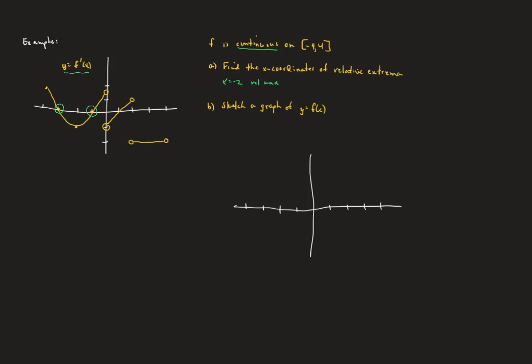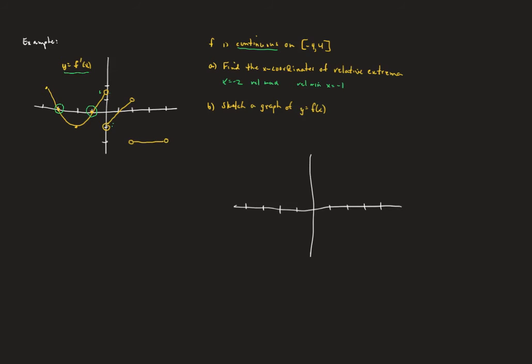Then at -1, the derivative is 0 again, and it's going to go from negative to positive. So we're going to have a relative minimum at x equals -1. Now at 0, we can see that the derivative is going to be undefined, but it's going to go from a positive to a negative.